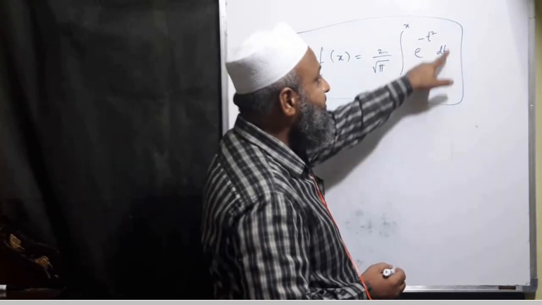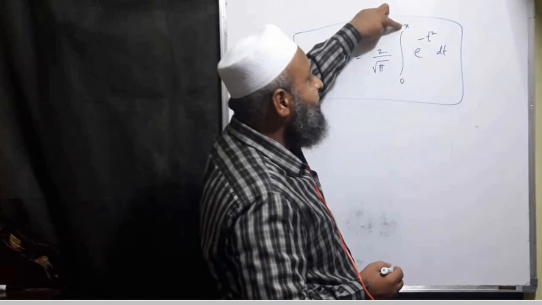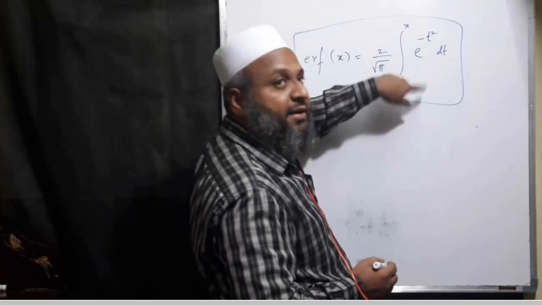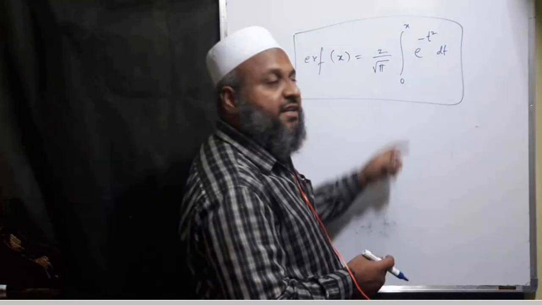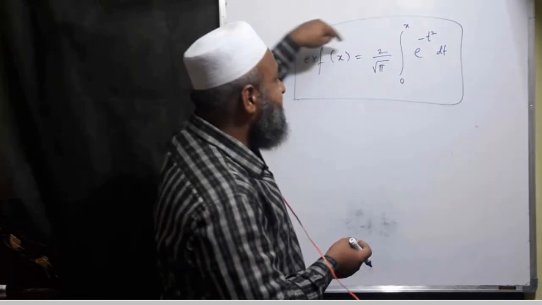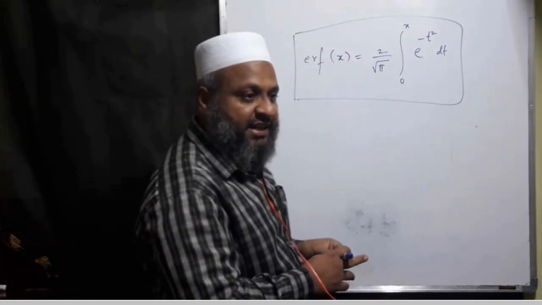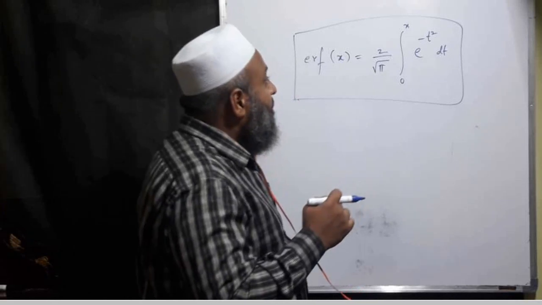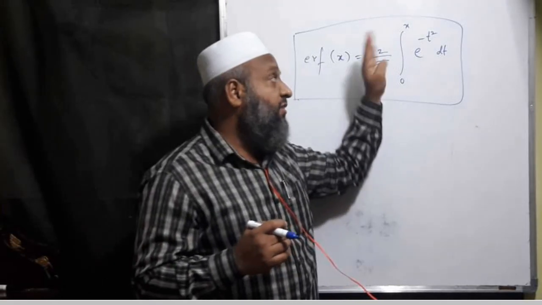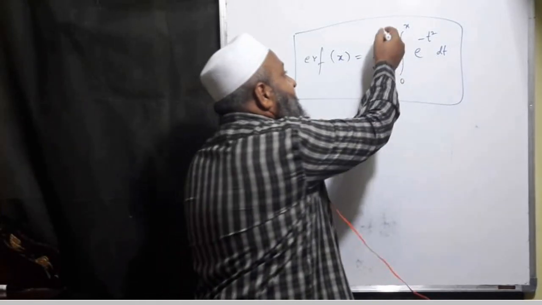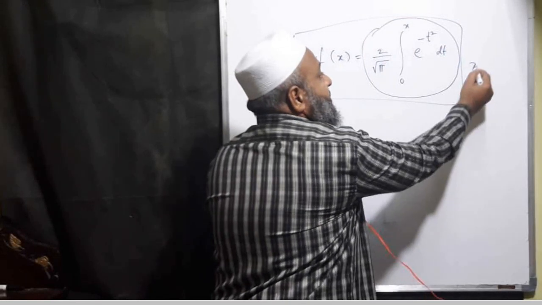But once you simplify and substitute the upper and lower limits x and 0, the t disappears. That finally becomes a function of x, the error function of x. And what is this integral value, multiplied by this, going to give us?